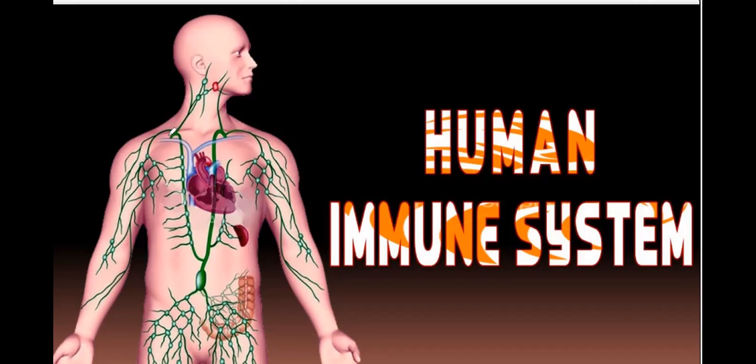There are lymphoid organs, the thymus gland, the intestine. Just as there is a digestive system and a respiratory system, in the same way there is an immune system. What is the function of the immune system? To develop immunity and help the individual fight against attacks of pathogens or any antigen.